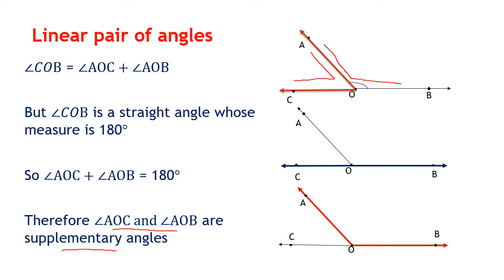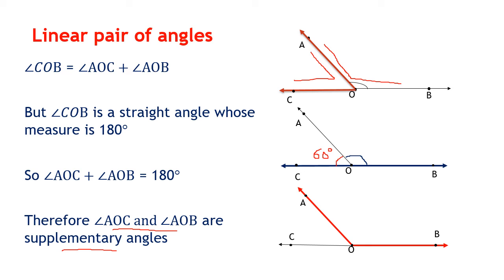Okay, now let me ask you a very simple question. If angle AOC is, let us say, 60 degrees, can you tell me what is the measure of angle AOB? Can you guess?